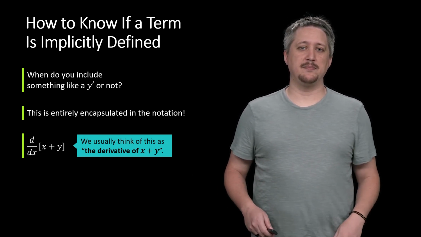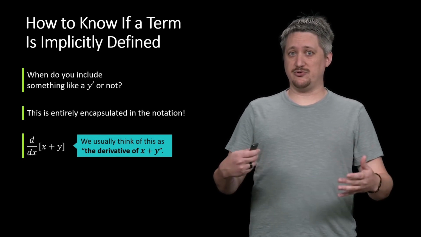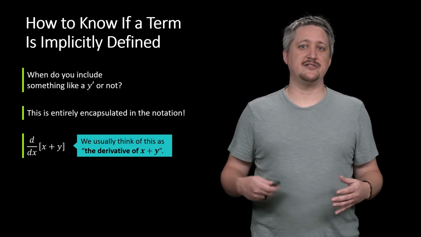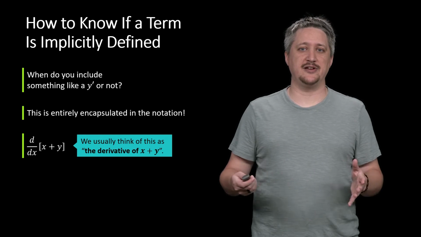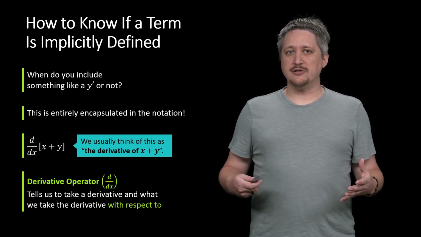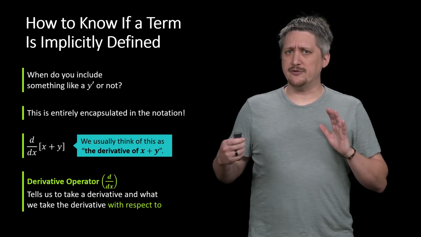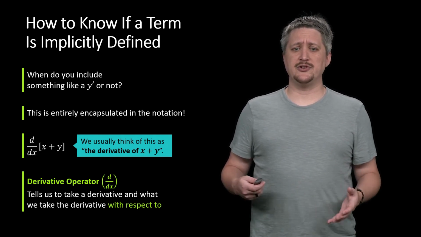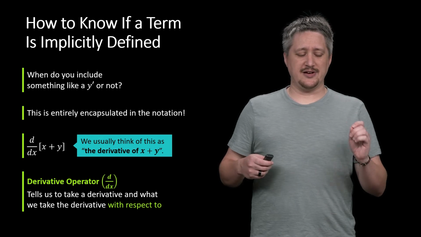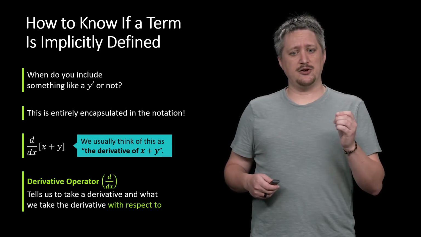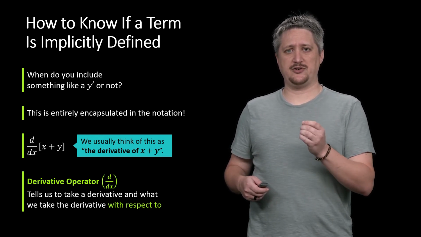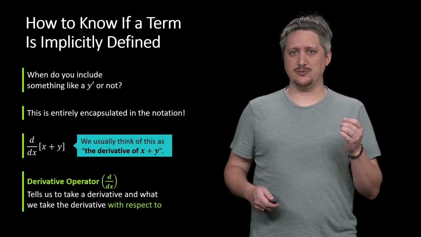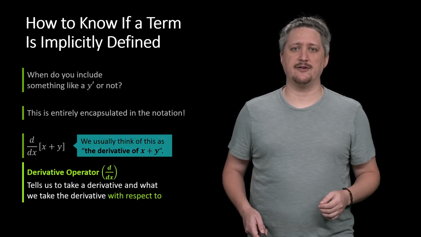If you turn out to want to pursue it more, it's covered in advanced calculus. That's the name of the course. So regardless, the derivative operator, from our perspective, tells us to take a derivative, but it also tells us with respect to what. And that is the key part that we're really going to care about.